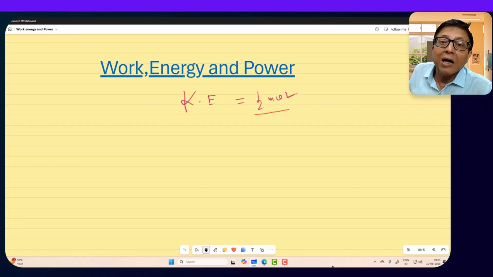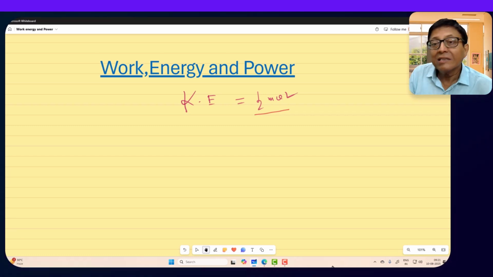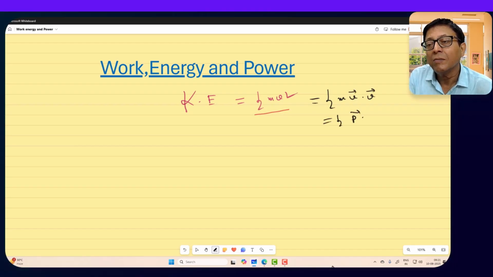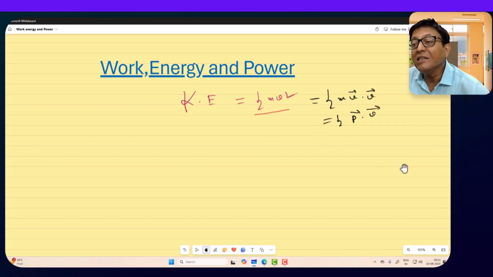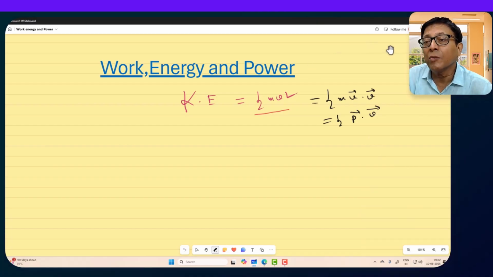Now, the kinetic energy of an object is given by this. This can be seen as this expression also, half mv dot mv. It means half p dot v. You can write this way also. P stands for what? P stands for the momentum of the particle.